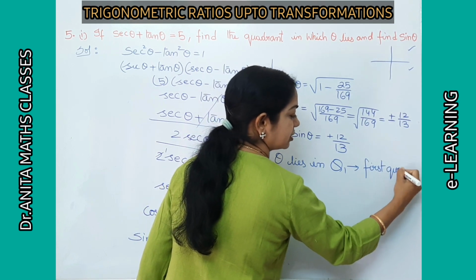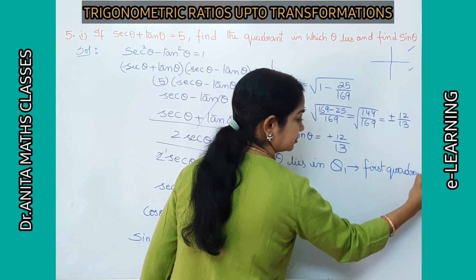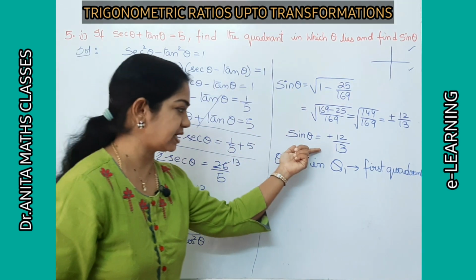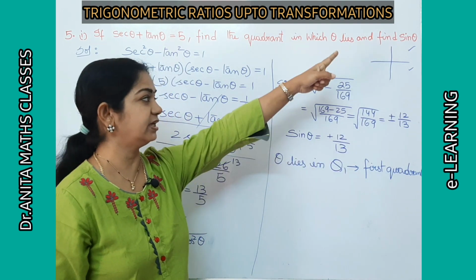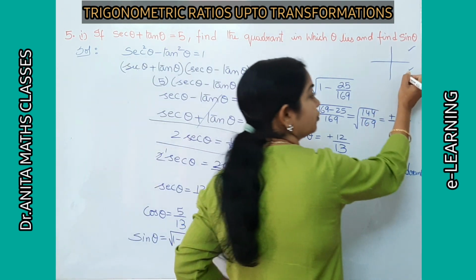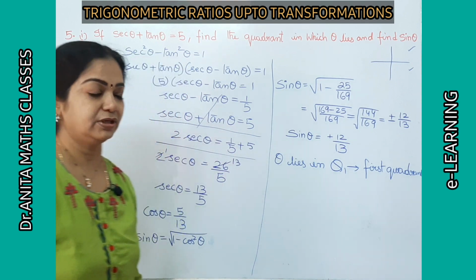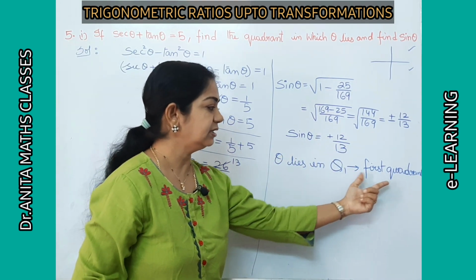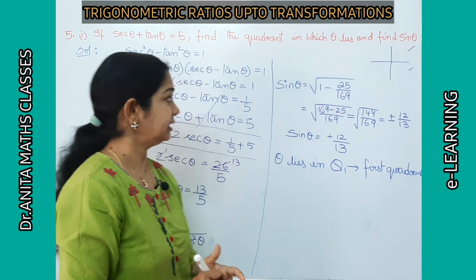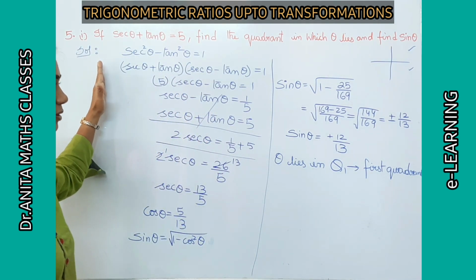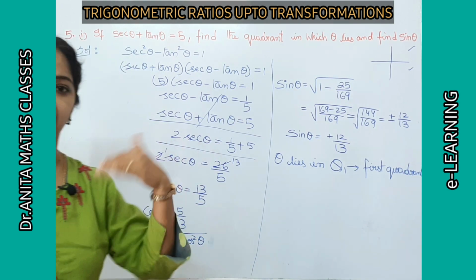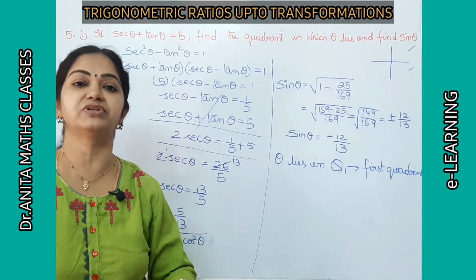Sin theta is positive only in the first quadrant; in the fourth quadrant, sin theta is negative. So let's take plus 12 by 13. So theta lies in the first quadrant. Please pause the video and note it down. With this, we will end the class here, and we will continue the second section of this exercise in our next video lesson.